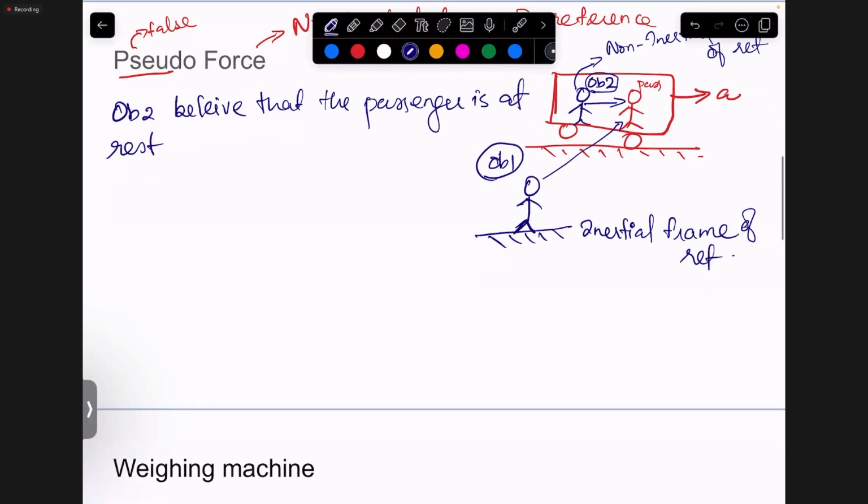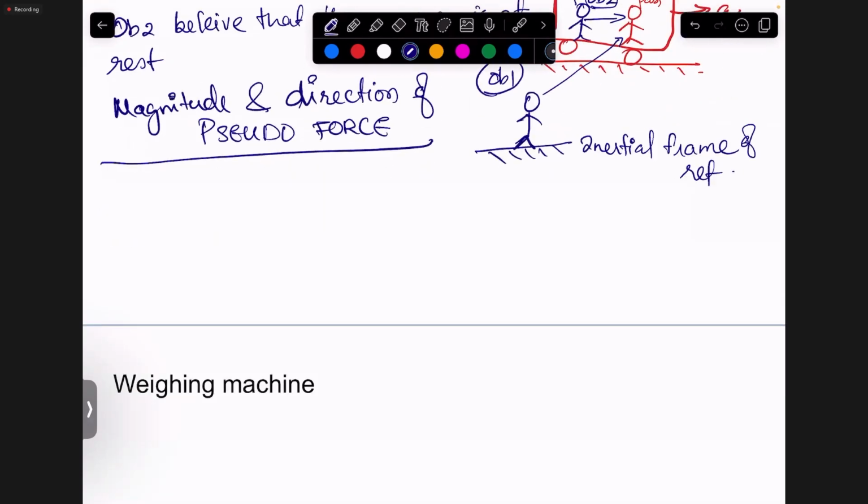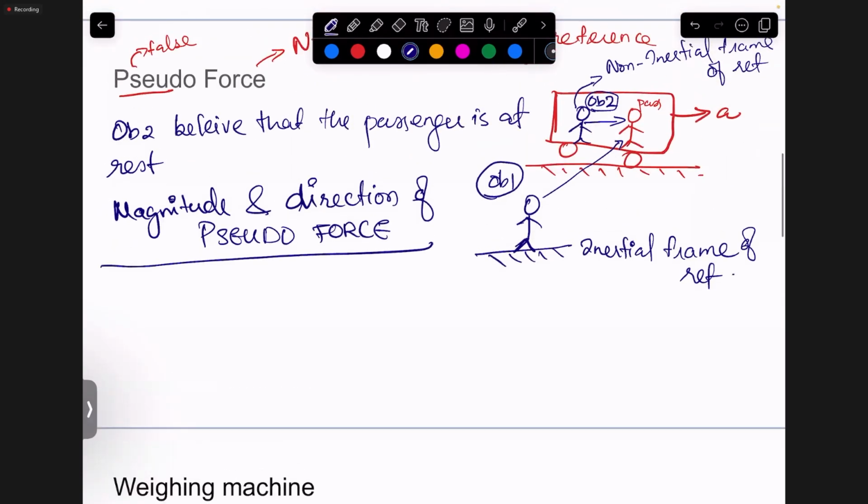So how to calculate the magnitude and direction of this pseudo force? The magnitude is very easy. As I have told, this passenger is moving with an acceleration a, right?